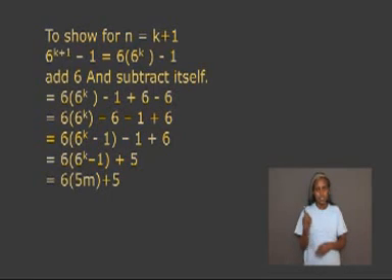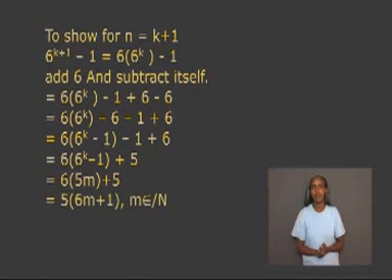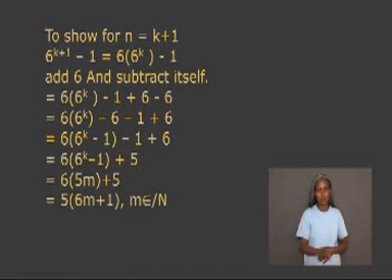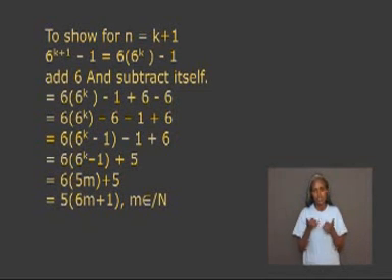Since we assumed that 6 to the power of k minus 1 equals 5m, we get 6 times 5m plus 5. We then factor out the 5 to get 5 times (6m plus 1), which is divisible by 5.